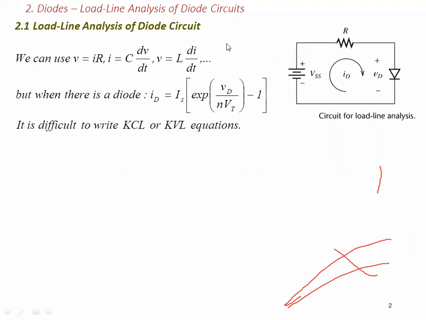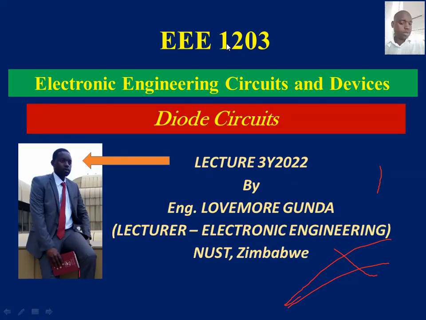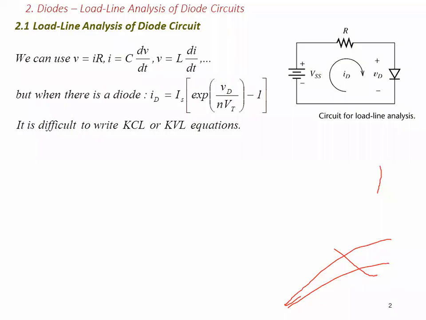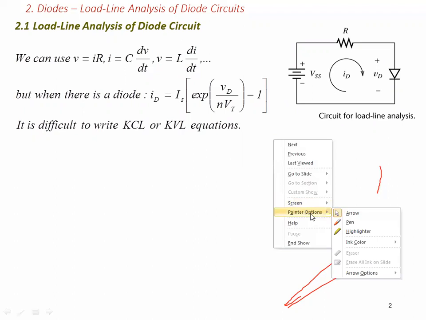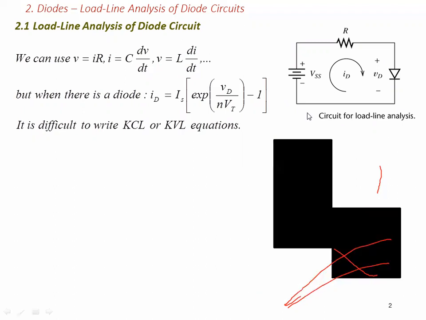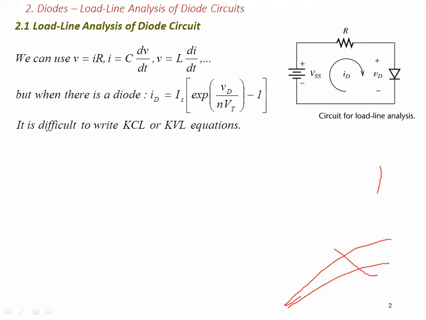Right, so we now look at diode circuits. We are looking at a situation whereby we connect a voltage source to one side of our diode so that we have a complete circuit.